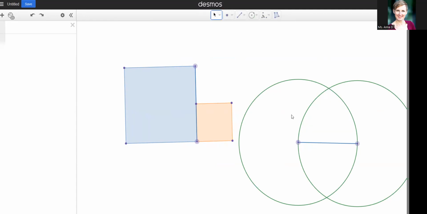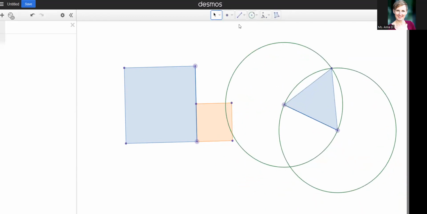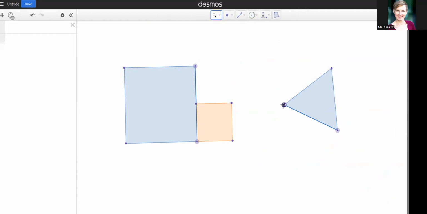I think I missed my point. It is very important to arrive to a proper destination, otherwise the drawing will break. So right now I have an equilateral triangle.